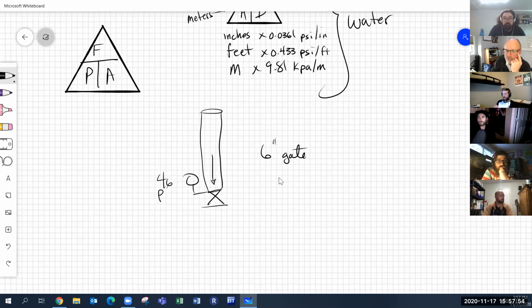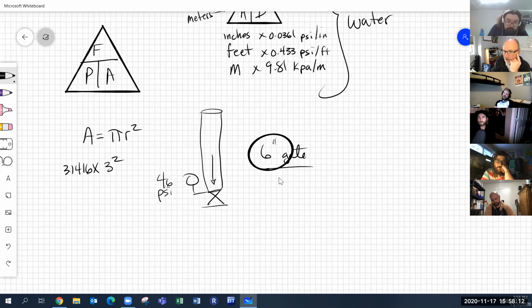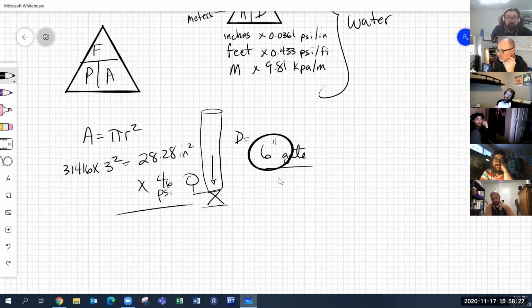We have 46 PSI. So we just have to find the area of this gate. So area of a circle is pi r squared. So 3.1416 multiplied by 3 squared, because this is the diameter. That's the diameter. So there it is there. That should be 28.28. I don't know why I know that, but I do. And we take 28.28 and we multiply it by 46. And that's it, Mike. That's all.